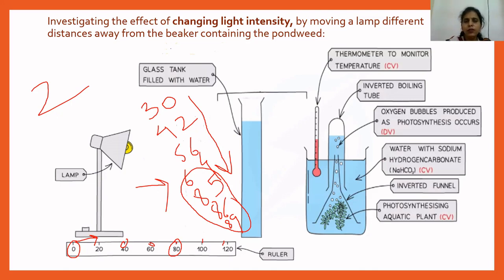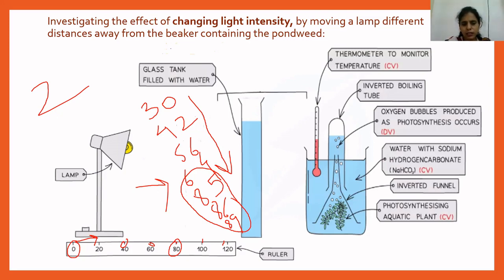So even though you were increasing the light intensity, the rate of photosynthesis did not increase or decrease. Now the rate of photosynthesis has become constant, that means the process of photosynthesis has become saturated. Why?